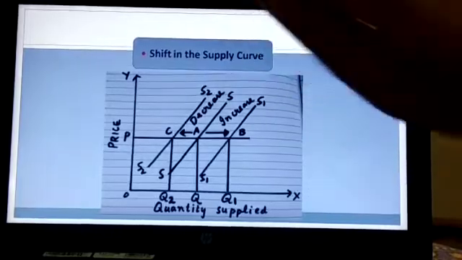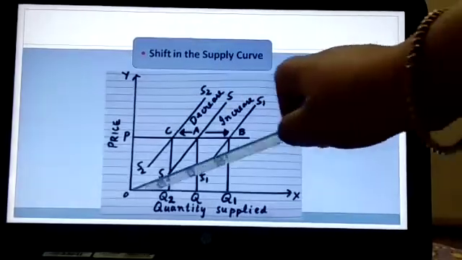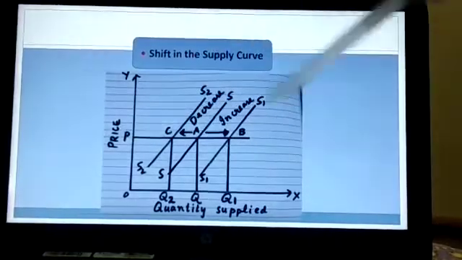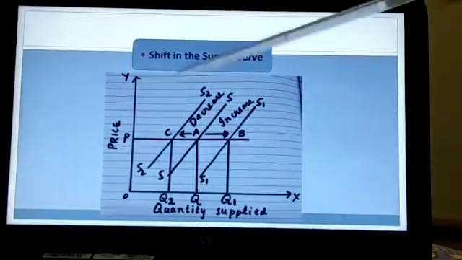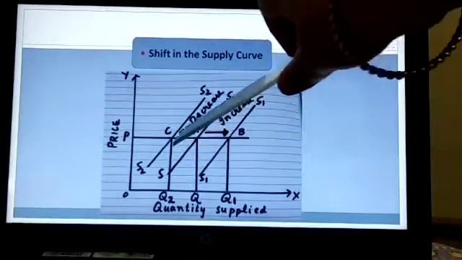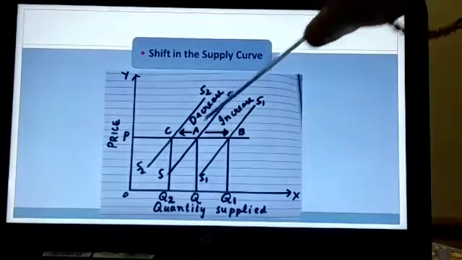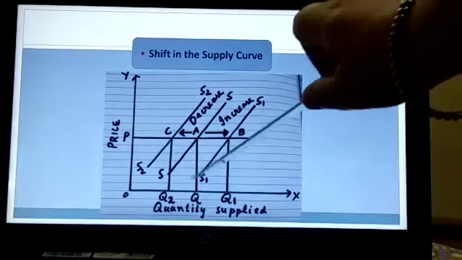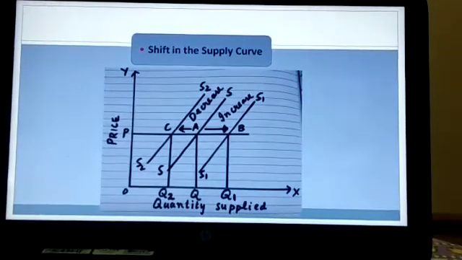So make the x and y axis, price and quantity supplied. This is the initial price P, the same price P. Now, first you will make the SS curve. There is an increase in the supply. What could be the reason? There is improvement in technology. The state of technology is improved, so as a result, the supply increased.